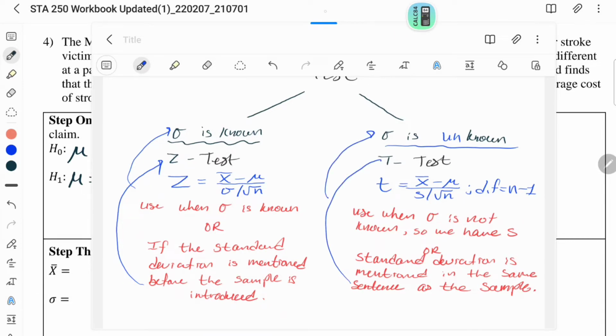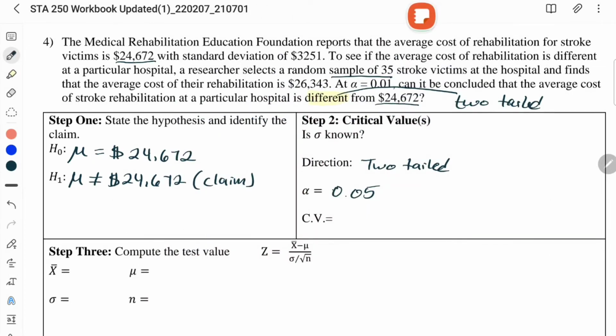sigma is unknown. So the question is, is sigma known? And the answer to this question is yes, because the standard deviation is mentioned before the sample is introduced. Because of that, this is a z-test.